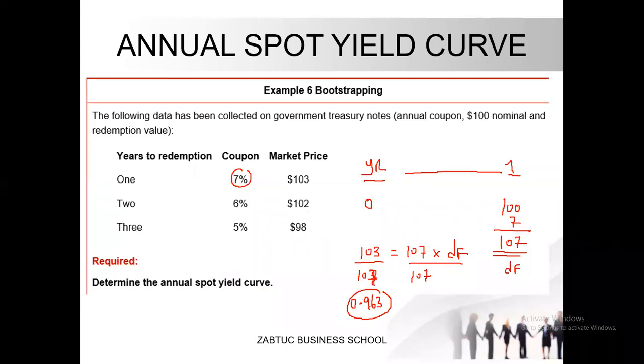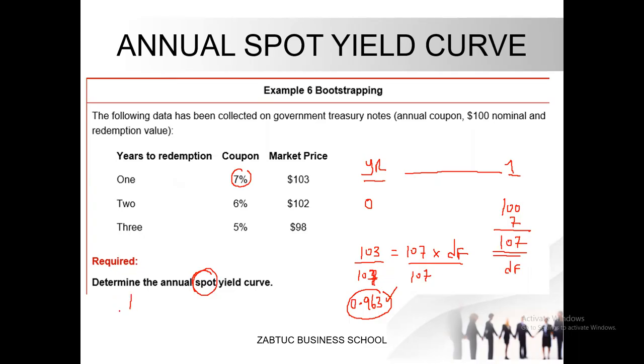What discount rate can give you this discount factor? That is the answer we are looking for. That's the spot rate that we are looking for. The spot interest rate is the interest rate which can give us a discount factor of 0.963. Now, a number of you know that. How do you find the discount factor?